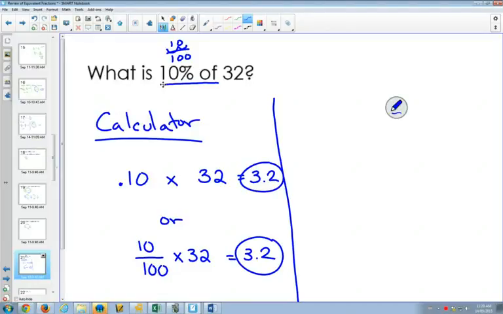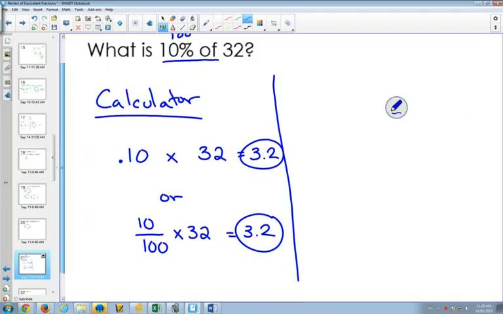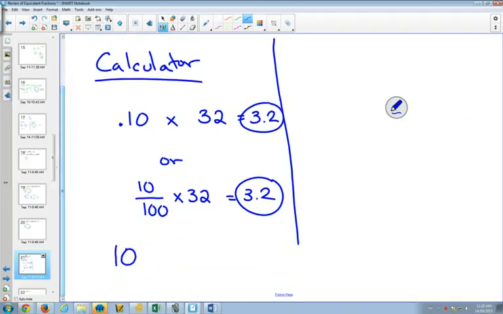Yes? I had a different way. Okay. What I did was I got 10, and then there's a percent button, and I did that, and then I pressed the multiply button on 32, and I came up with the same answer. Perfect. So on some calculators, they allow you to put the percent in, and there's a button for percent, and then times it by 32.